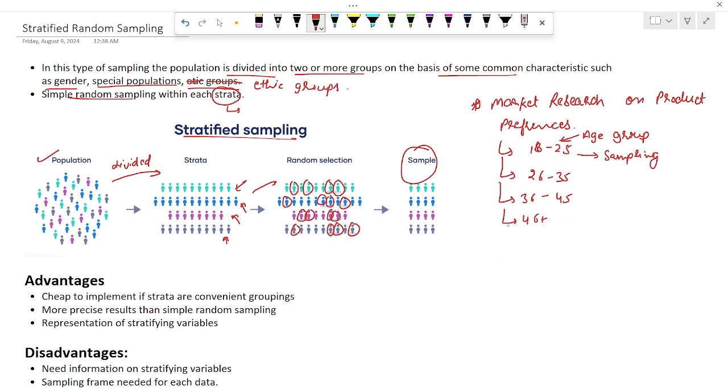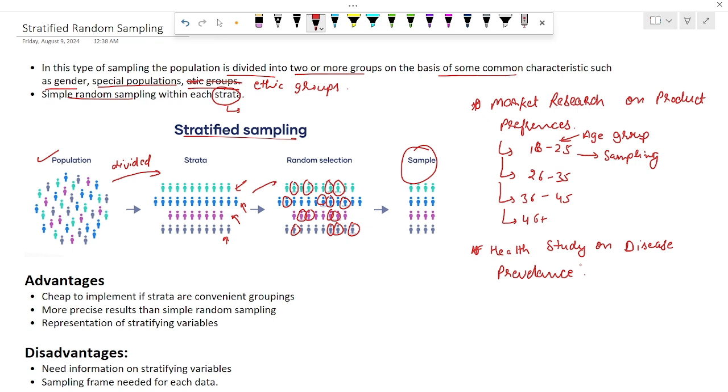Another example is a health study on disease prevalence. In this case, the researcher wants to study the prevalence of disease across different income levels within a population.